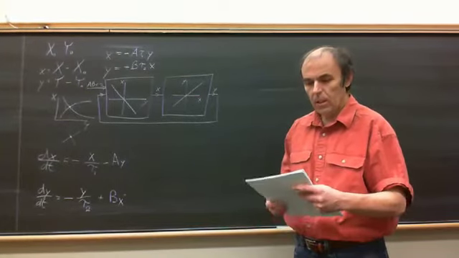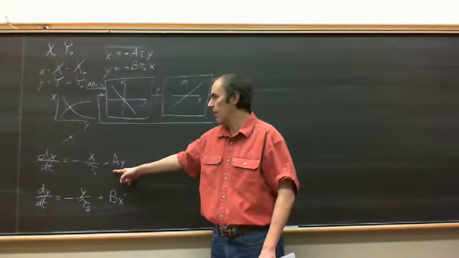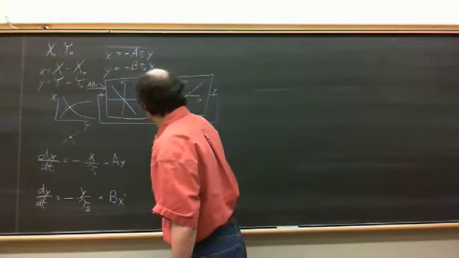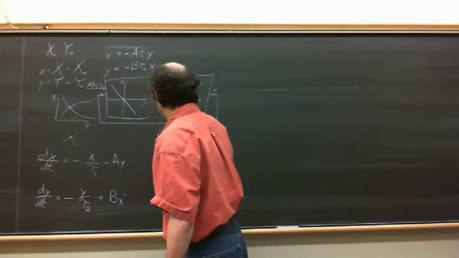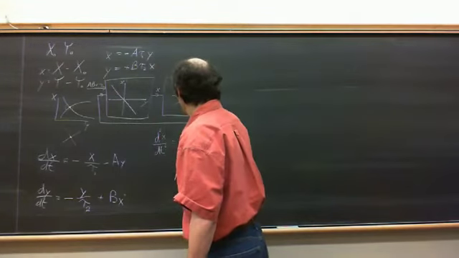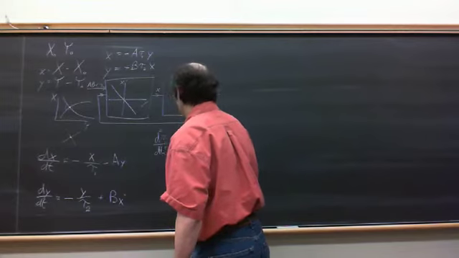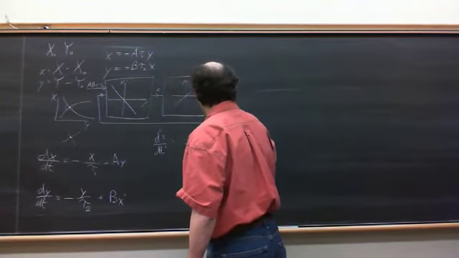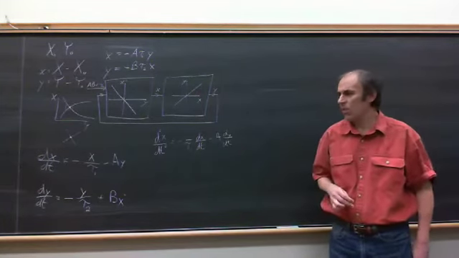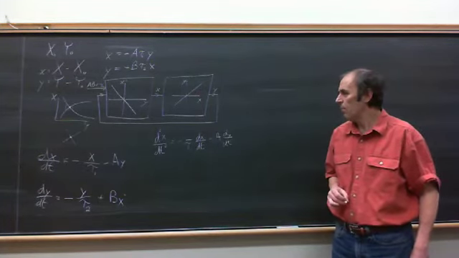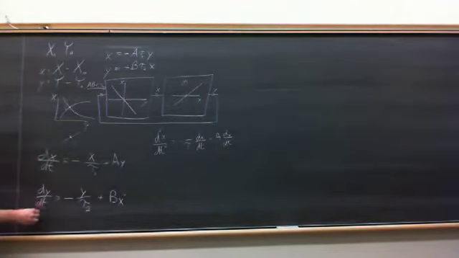So what we're going to do is start off by taking the time derivative of this. So we'll have a second derivative, d squared x dt squared, equals minus 1 over tau 1 dx dt minus a dy dt. Not exactly obvious why we did that to start off with, but now we can say, aha, I know what dy dt is.